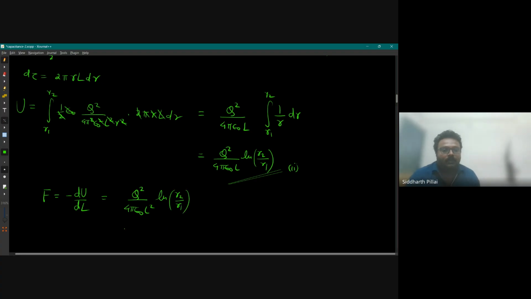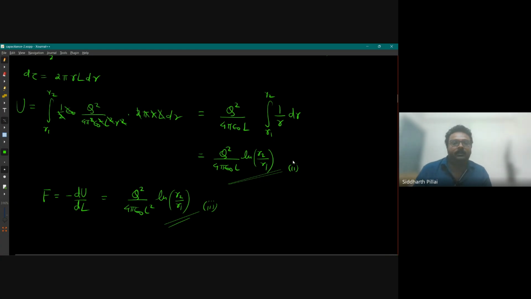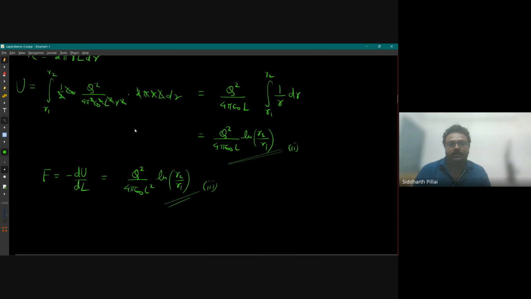That would be your force. The derivative of 1 by L is minus 1 by L square. That would be the answer for part 3. I hope this is clear. Once you get the energy, it's just a straightforward differentiation with respect to L. Let's move to the next problem then.